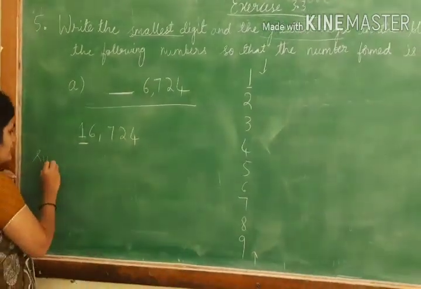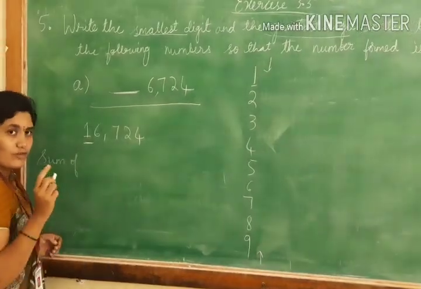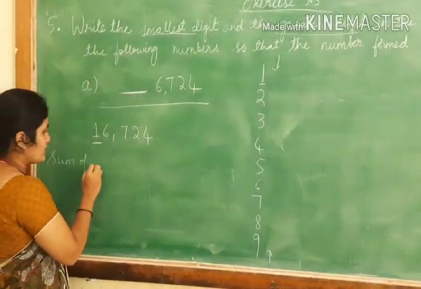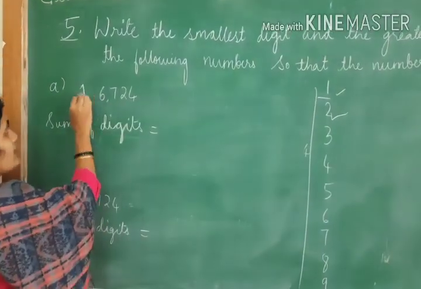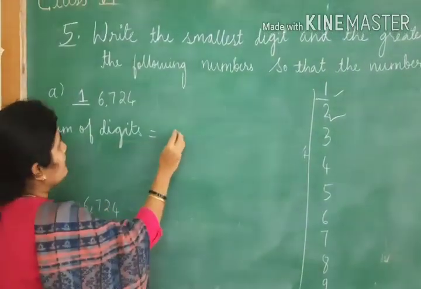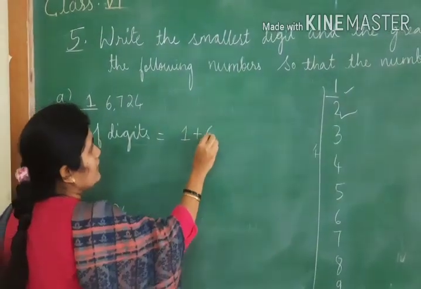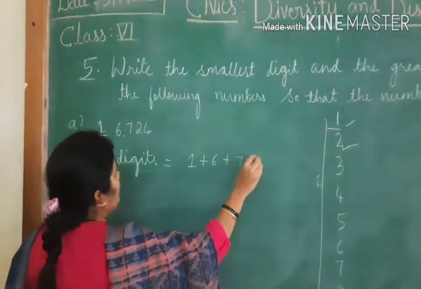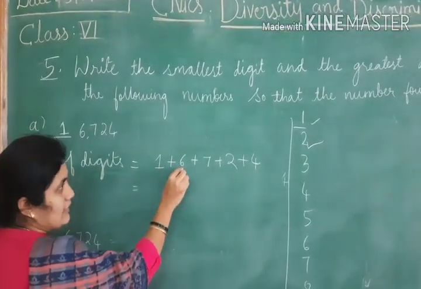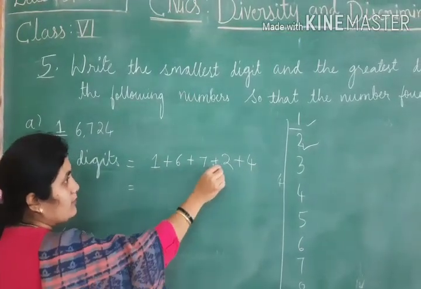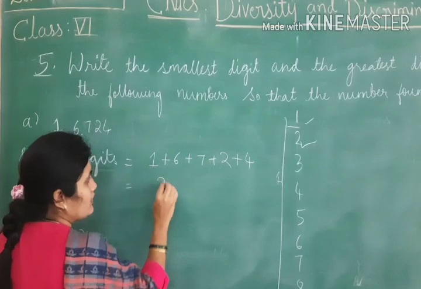Now the sum of digits. According to the divisibility rule of 3, we have to add all the digits. After considering 1, the sum is 1 plus 6 plus 7 plus 2 plus 4. 1 plus 6 is 7, 7 plus 7 is 14, plus 2 is 16, plus 4 is 20.